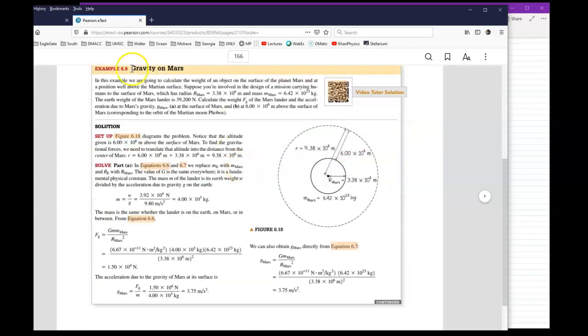It's right here. It says, in this example, we are going to calculate the weight of an object on the surface of the planet Mars and at a position well above the Martian surface.